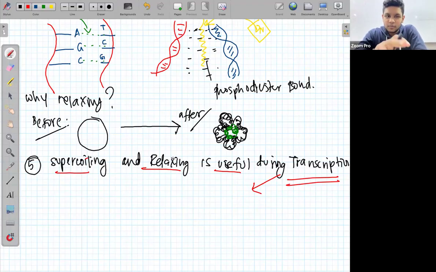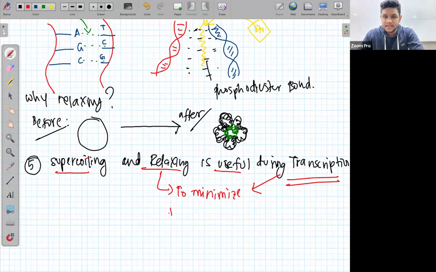So they're saying that supercoiling means they should be organized, and relaxing is useful for transcription to minimize the error. Now you might think, what is there to minimize?